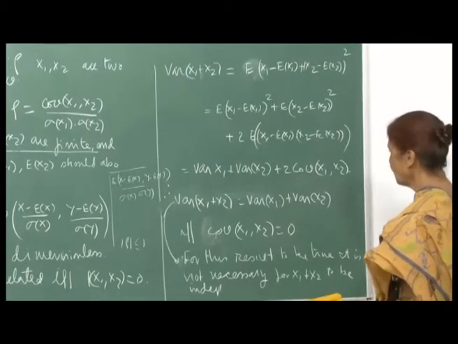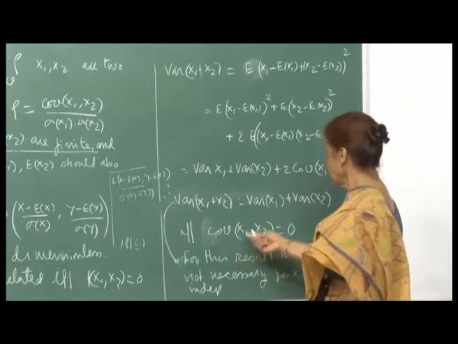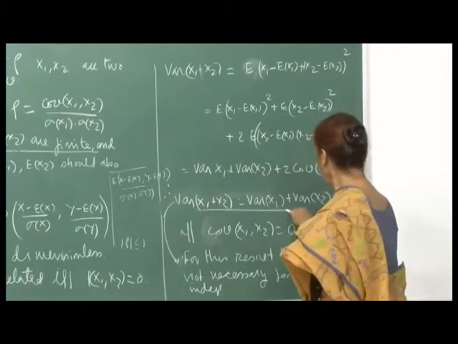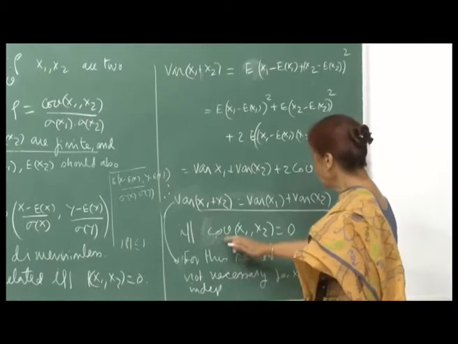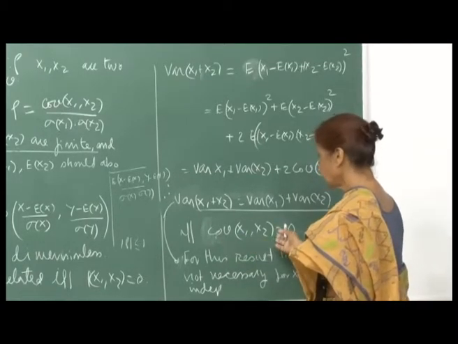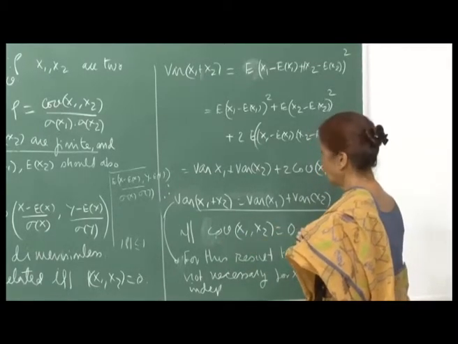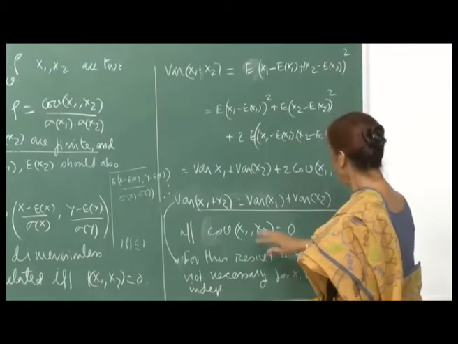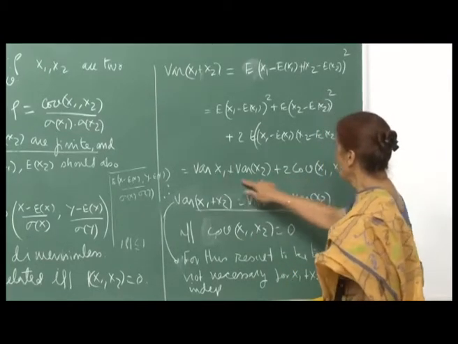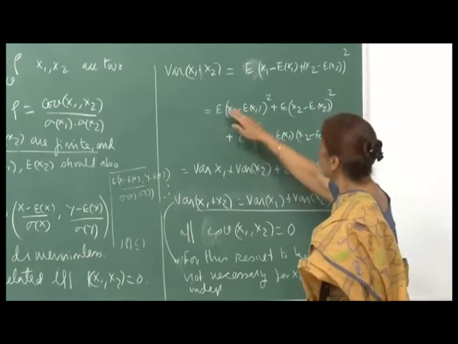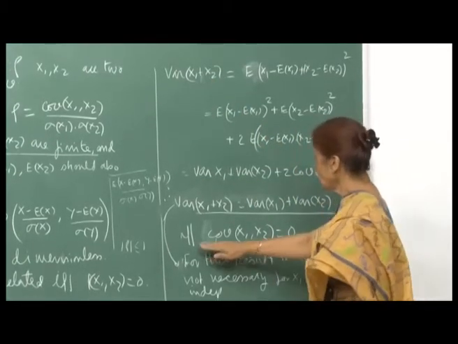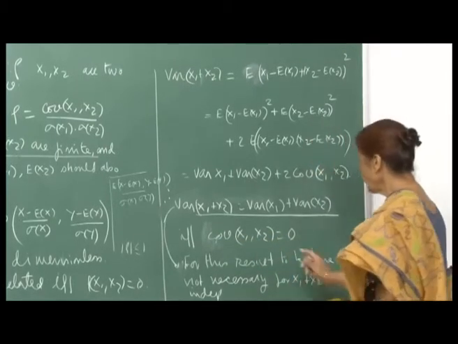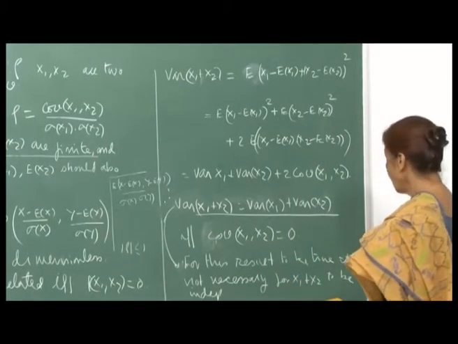So, from here it follows that the variance of x 1 plus x 2 is variance x 1 plus variance x 2 if and only if covariance x 1 x 2 is 0. If covariance x 1 x 2 is 0, then you get this, and if you are saying that this variance is equal to this, then covariance must be 0. So, this is an if and only if relationship.